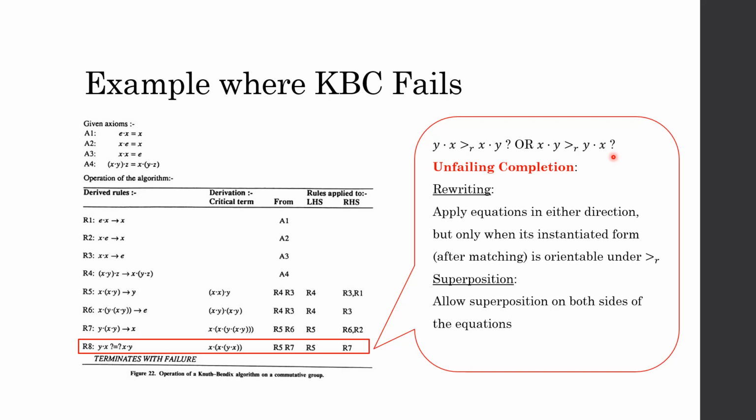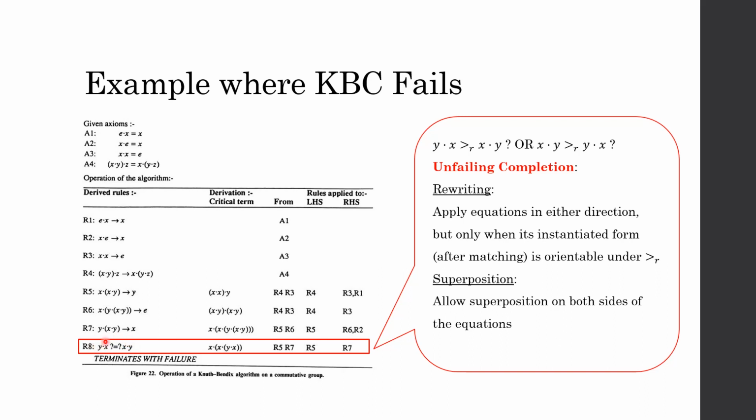Usually you try to rewrite from a complicated term to a simplified term, but from this point of view, we cannot really know which is more complicated. So we allow rewriting from left to right or right to left.